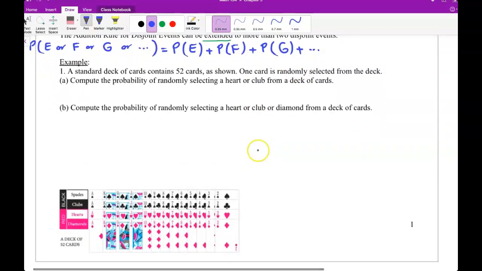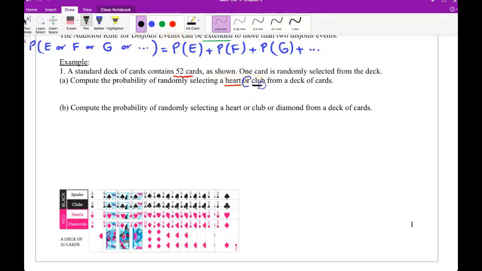Now example 1. A standard deck of cards contains 52 cards. Here we have 52 cards. One card is randomly selected from the deck. Part A, compute the probability of randomly selecting a heart or a club from the deck of cards. Here in between we have or.